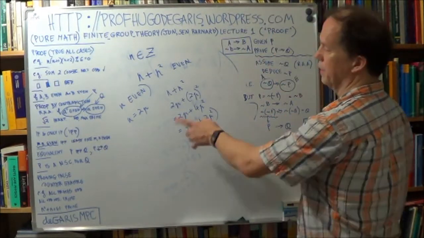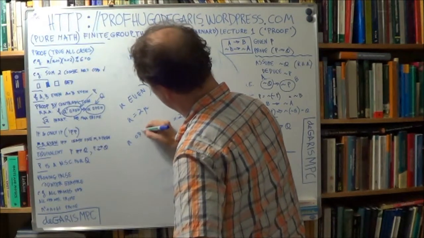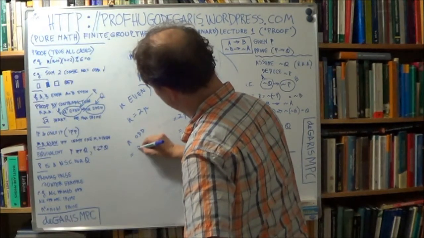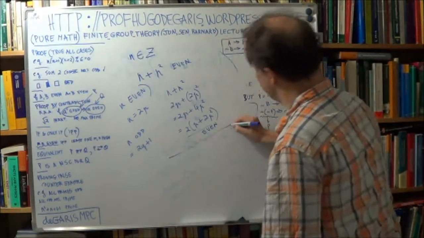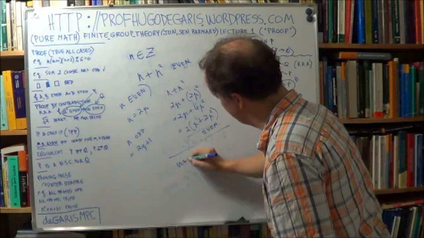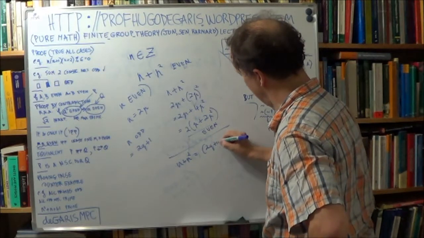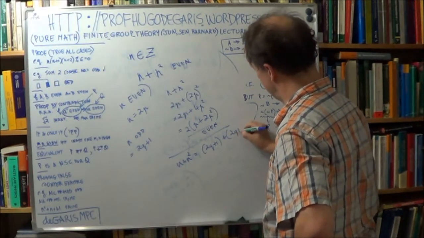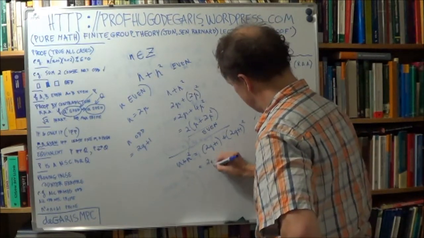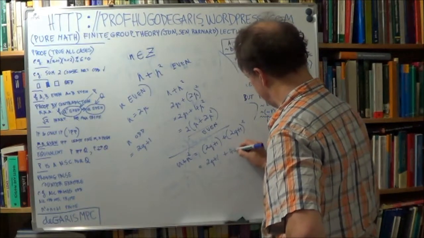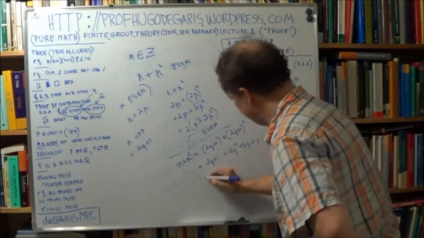Right? Now that's one case. Now what about when n is odd? Well, therefore it can be written in this form, 2q plus 1. Right? So let's plug that in. So therefore n plus n squared will be of the form 2q plus 1 plus 2q plus 1 squared. So it's 2q plus 1 plus 4q squared plus 4q plus 1.